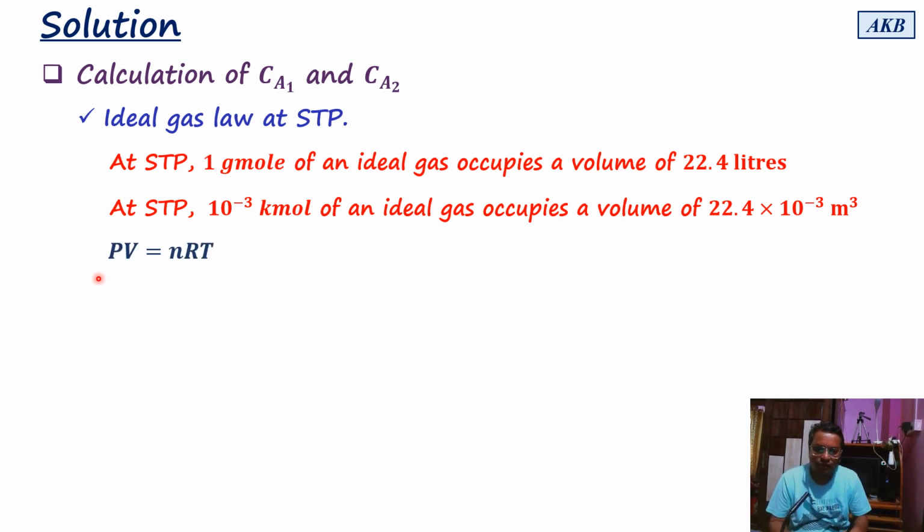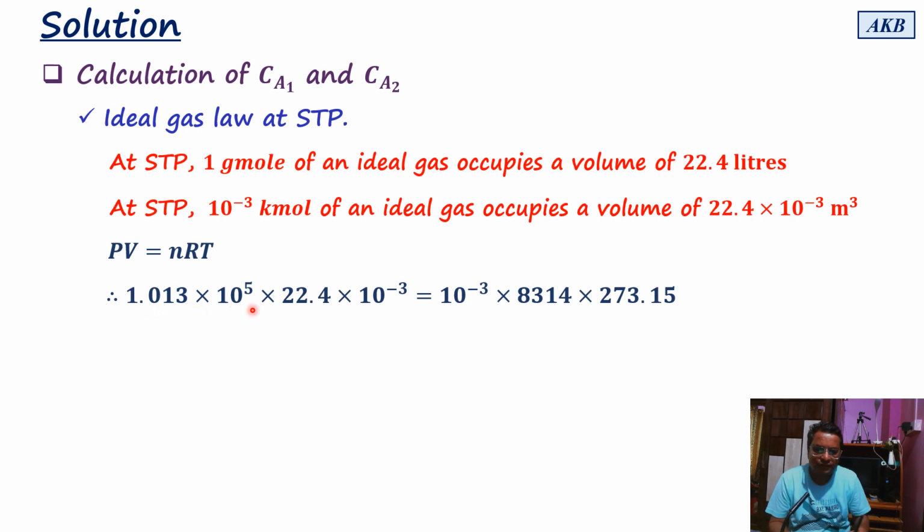The ideal gas law is PV equals nRT. So I'll put all the values. Pressure is 1.013 into 10 to the power 5 at STP condition. Volume is 22.4 into 10 to the power minus 3. That is equal to n, moles, which is 10 to the power minus 3 kilomole. R is 8314.